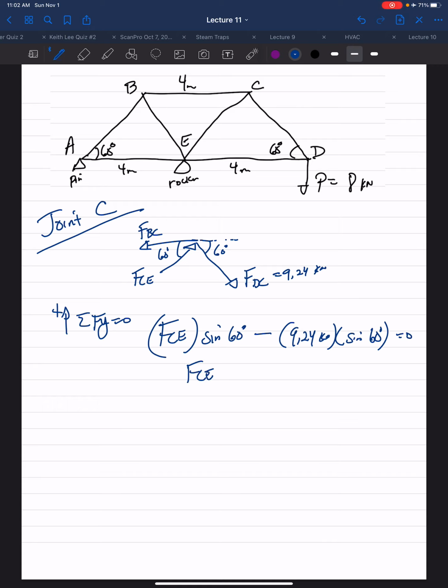FCE is 9.24 kilonewtons. And that's in compression.